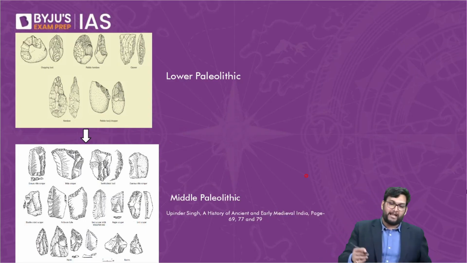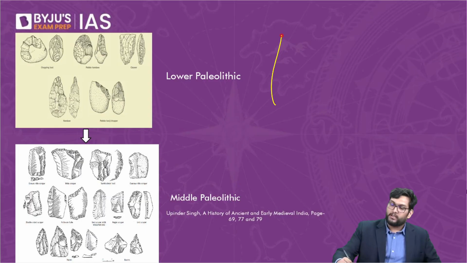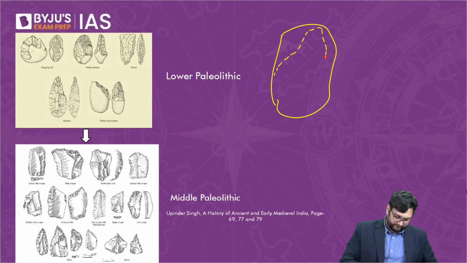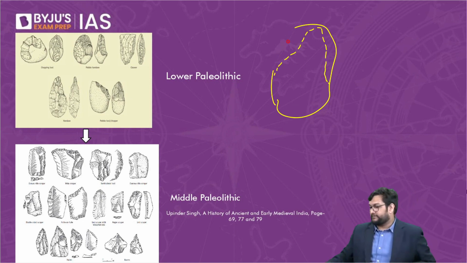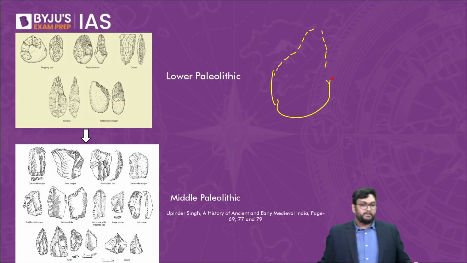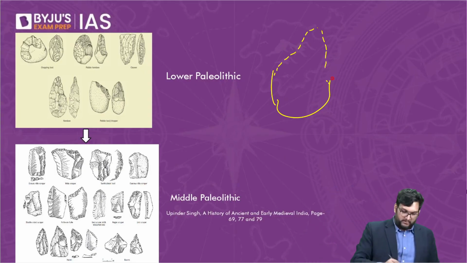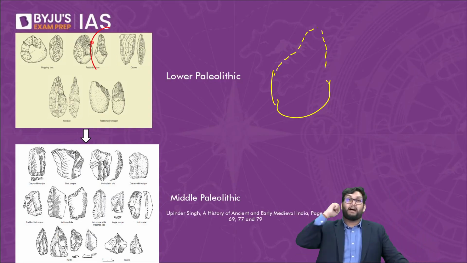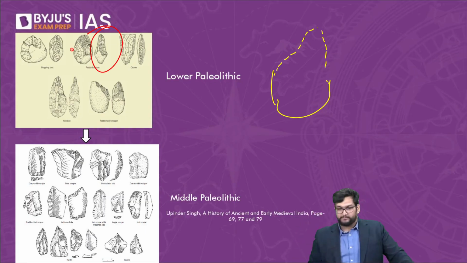They're called chopping. Big hand axe, it was called. They took a stone, broke it off in such a way that they got a pointy edge. And what you get is called a hand axe. They take the hand axe in their hand and they are able to run after the animal itself.